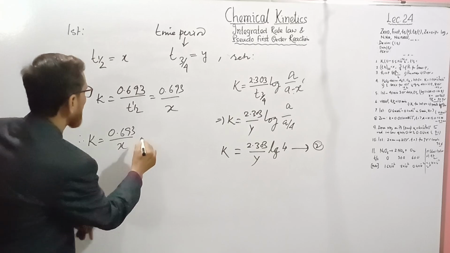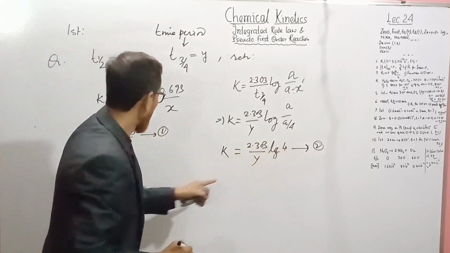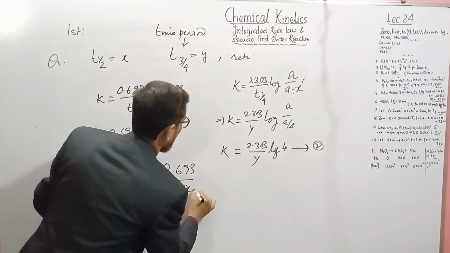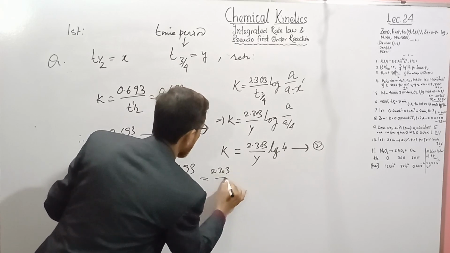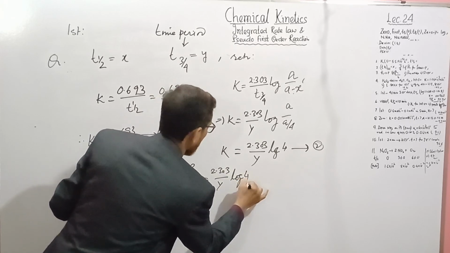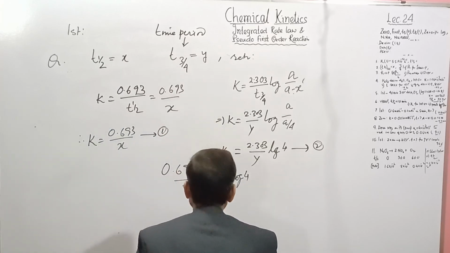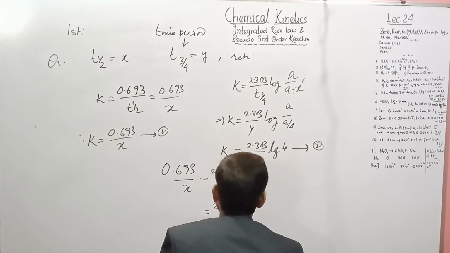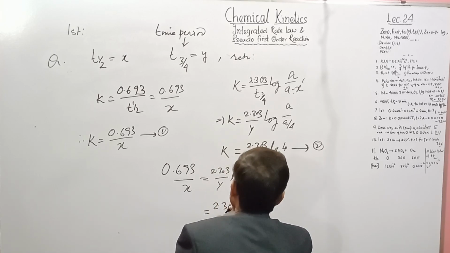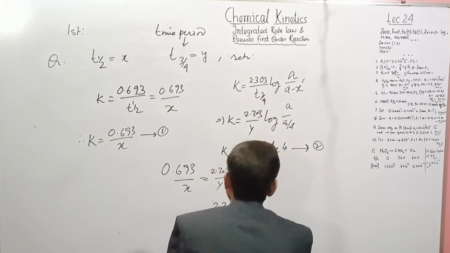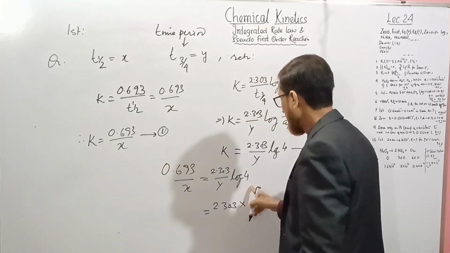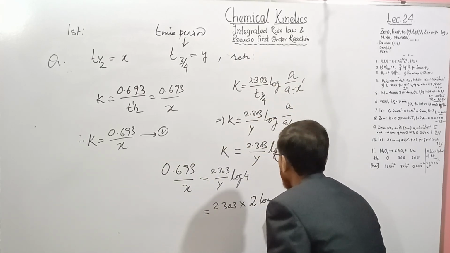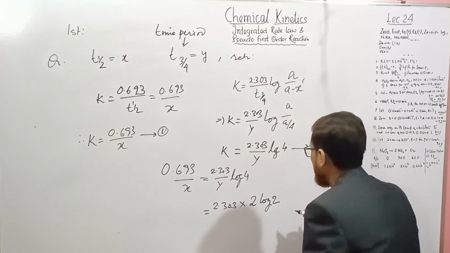So now comparing 1 and 2, what you get, that K are equal, that is 0.693 divided by X equal to 2.303 by Y log 4. Am I right? So here you see 2.303 into log 4 is 2 log 2, it is 2 square.